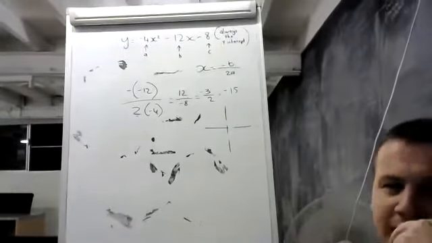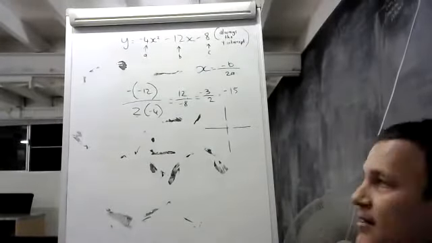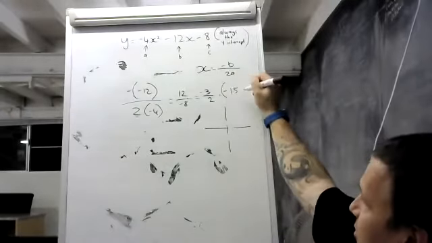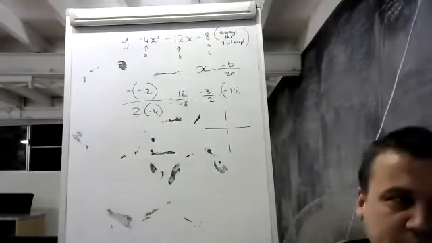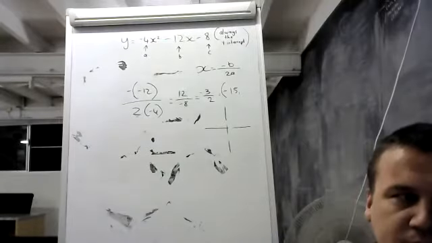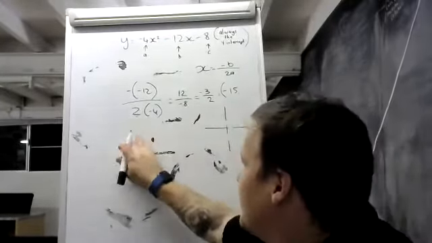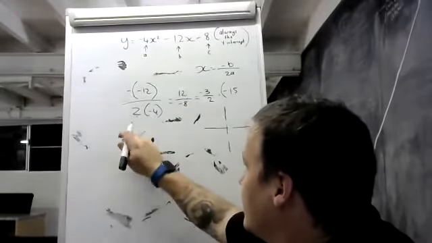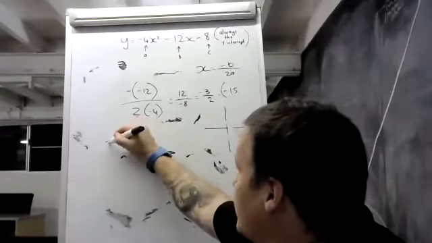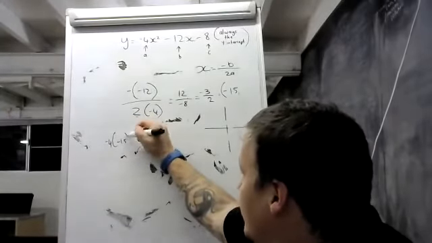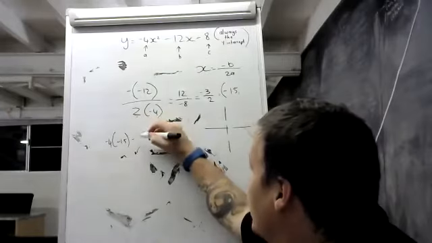So let's plug that back into our sum to find the y. So we know our x coordinate is minus 1.5. So we plug it back into the formula. So we've got minus 4.5 minus 12.